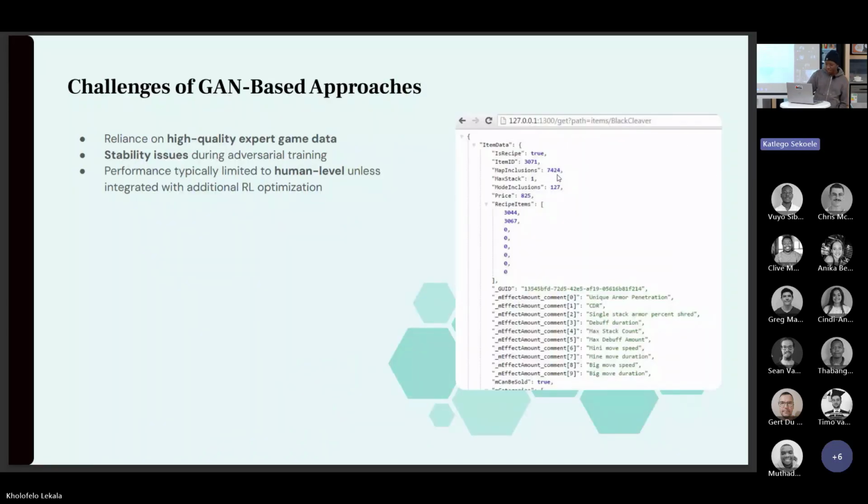Okay, and the challenge of it is that, as I said, it's going to need a lot of data from experts. So you're going to have to record a lot of data from expert players, which is going to be hard to find.